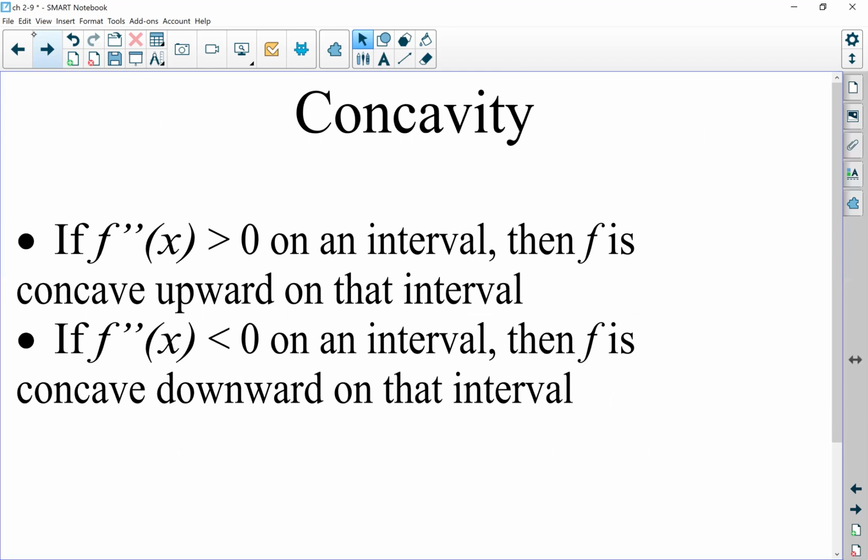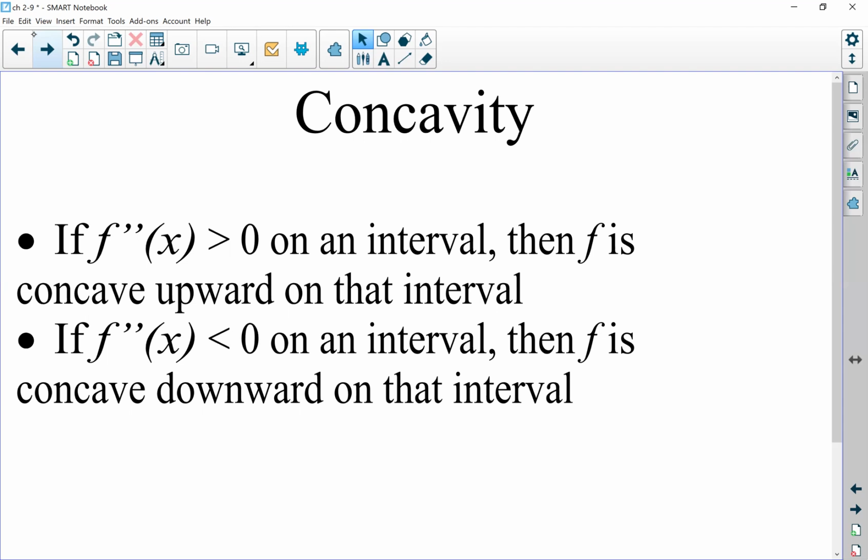If we look at the second derivative, we can talk about concavity of a graph. Now, don't confuse concavity, you don't go to the dentist to take care of your concavities, okay? Concavity deals with, again, the shape of a graph. If the second derivative is positive, our graph is concave upward, kind of like a parabola.